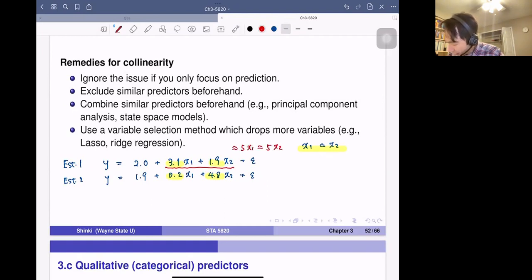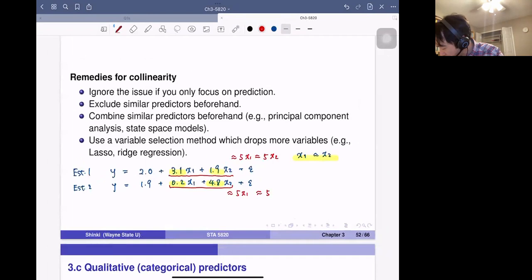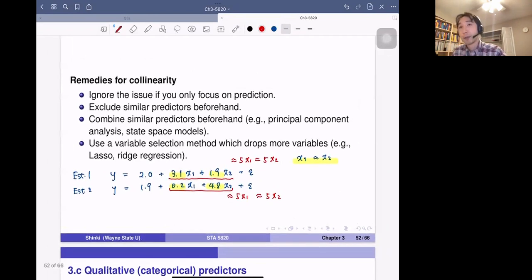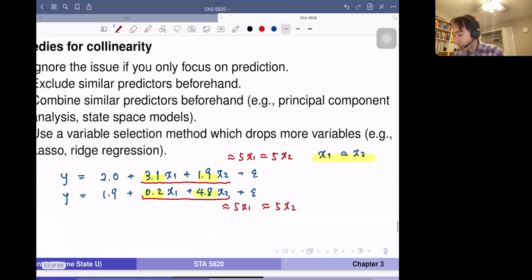And this time, 0.2 times x1 plus 4.8 times x2 is also almost 5 times x1 or 5 times x2. So in terms of forecasting, it doesn't have a problem. The result is pretty stable. In terms of y hat, it's not affected by multicollinearity.